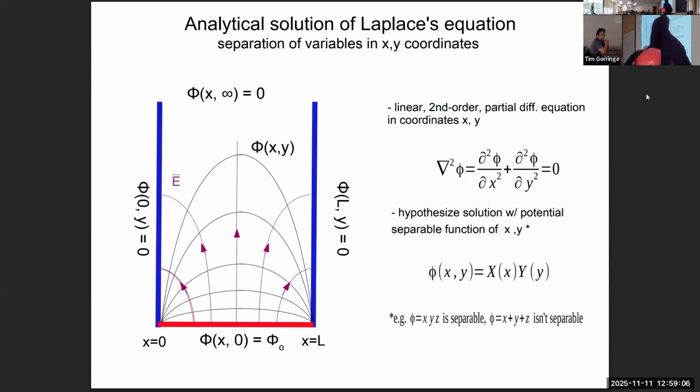That's going to be our hypothesis. And this could be true in general, or it could be false. So right now we are making a guess, and we're going to see if this separation of variables works.